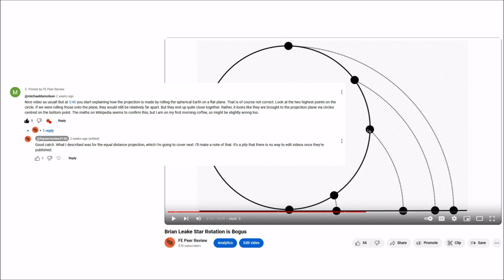So all of these points have an arc that originates at the point where the sphere is resting on the table. So if we take this one up here in the upper right, that arc has its center down here where the sphere is resting on the table. And if we take the polar opposite point and cast an arc to the table surface, it has its center point where the sphere rests on the table.